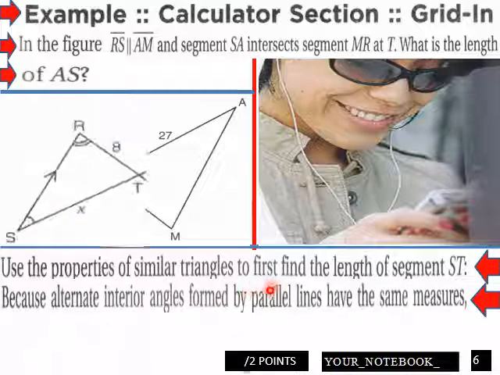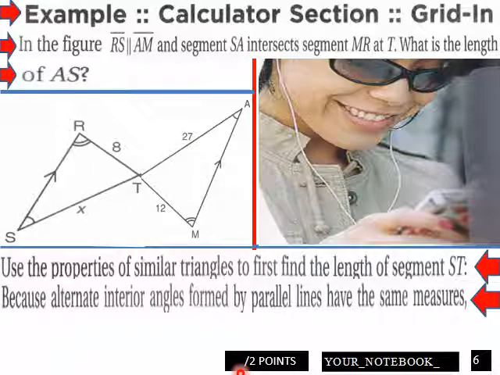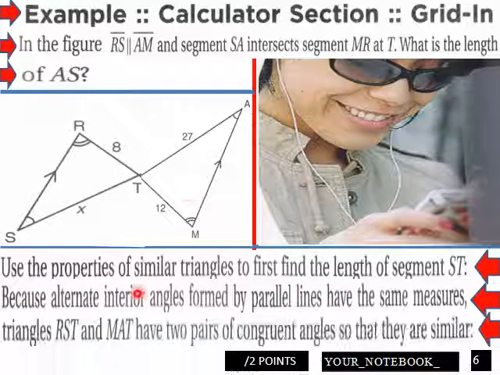Use the property of similar triangles to find the length of segment ST, because alternate interior angles from the parallel lines have the same measure. Triangles RST and MAT have 2 pairs of congruent angles so that they are similar.